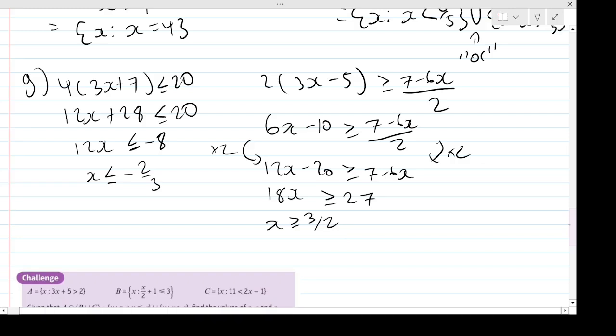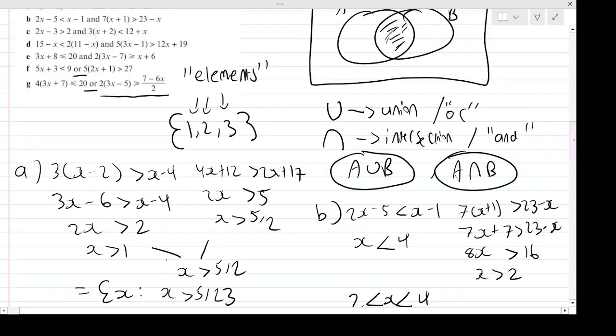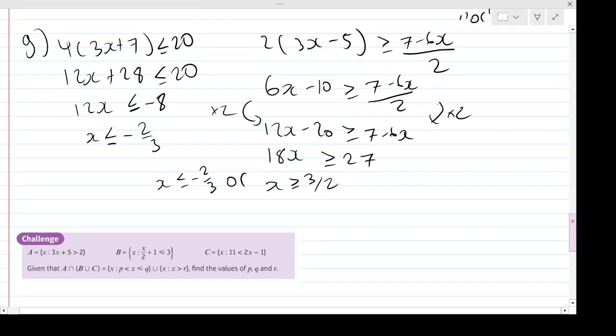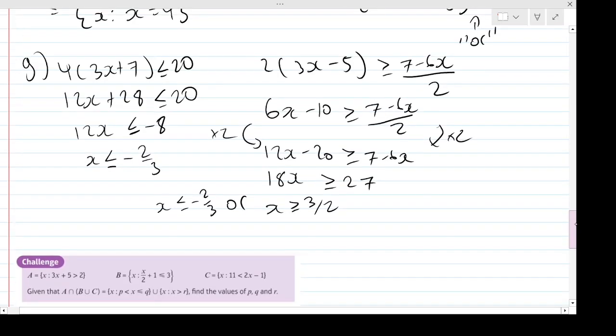Okay, so we've got these two inequalities. x less than or equal to minus 2/3, or, because it's saying "or" this time, x is greater than or equal to 3 over 2. So we have to split them up into two different inequalities. That would be the set of values of x such that x is less than or equal to minus 2/3.